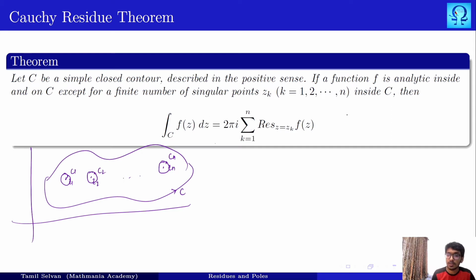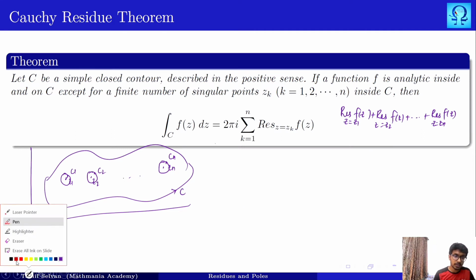First you find the residue at z equals z1, and so on up to zn. Finally we add them up and multiply by 2 pi i, and that is the integral value. This is what the Cauchy residue theorem tells us.